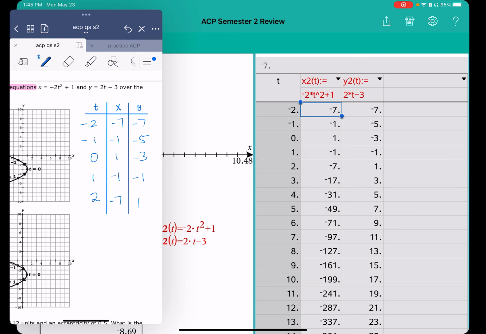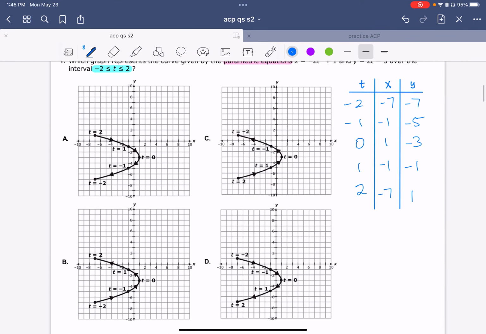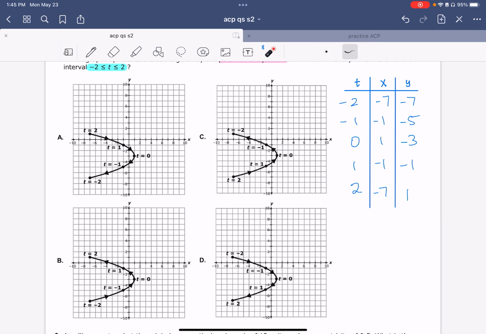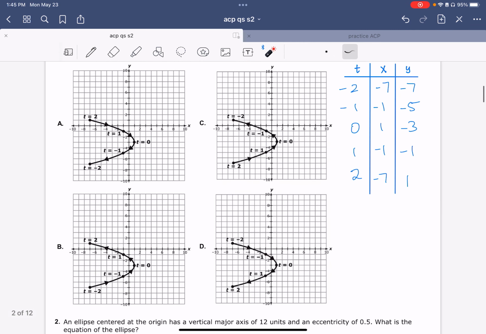Now that we have those values, we're going to be able to go back to the graphs and make sure that things are where they are supposed to be. So notice that, like I said earlier, they look almost the same. Here we have positive 2, positive 2, but on C and D, positive 2 and positive 2 are at the bottom. Now, if we look at our positive 2, it has to be at negative 7, positive 1.